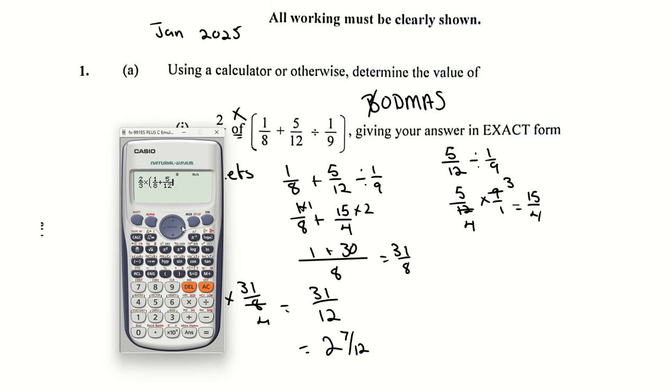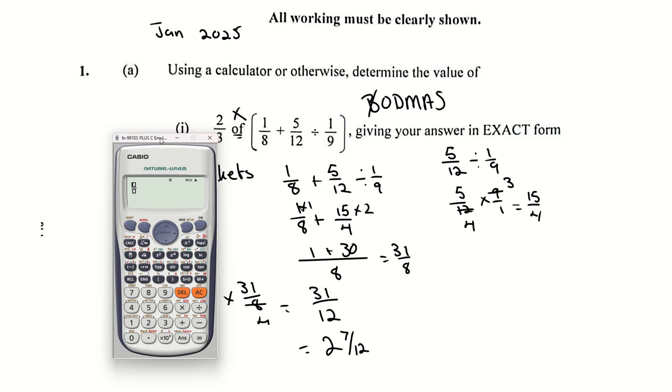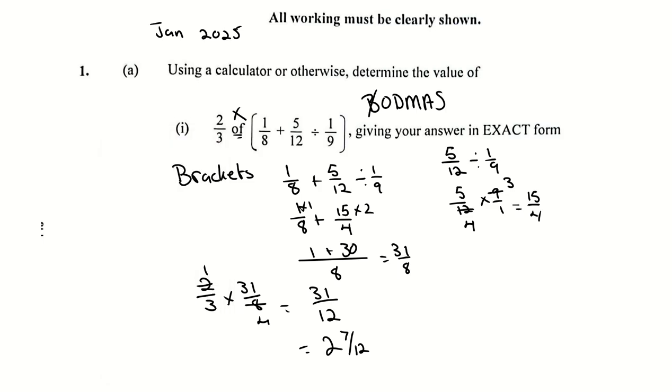Alright, 5/12 then divided by 1, go down, 3 denominator, 9, and then you're going to close the brackets, press equal. You have that. Hold on, we did get to 1/12, right? And that is how you would do that question.